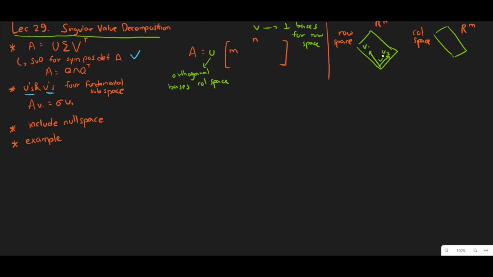I'm looking for V1 and V2 such that when I multiply V1 by A, I get U1, and the same thing when I multiply V2, I get U2. And U1 and U2 are also our orthogonal basis in the column space. So this is an illustration of U1 and U2.